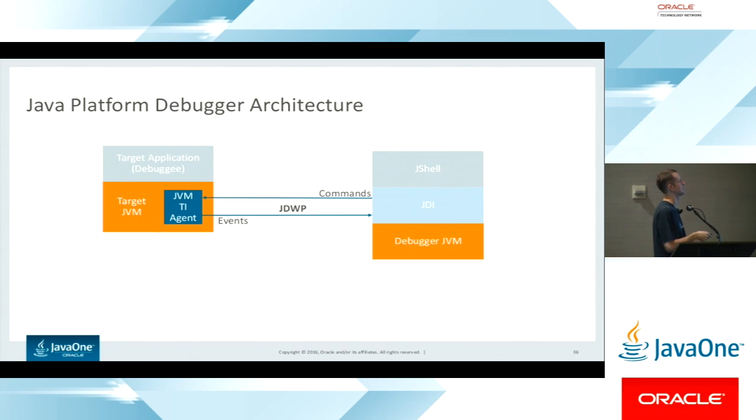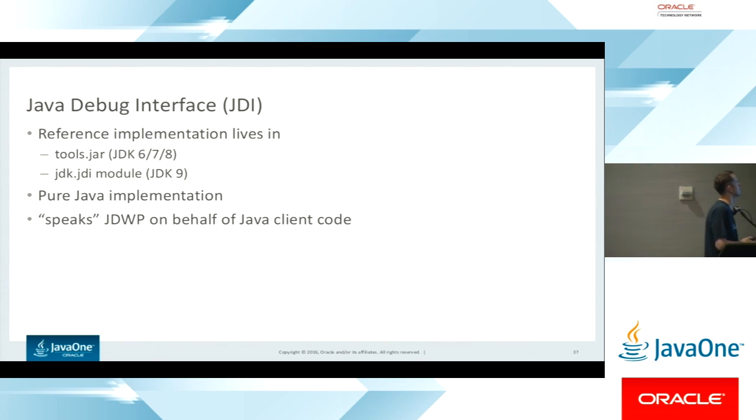The implementation of JShell is that it actually sits on top of JDI, just like a debugging tool would, and that's what it uses to remotely run your code against a separate out-of-process JVM that's actually responsible for executing the snippets of Java that you enter into the tool. So it's an extremely flexible architecture that has no end to the variety of things that you can do and expansions you can make.